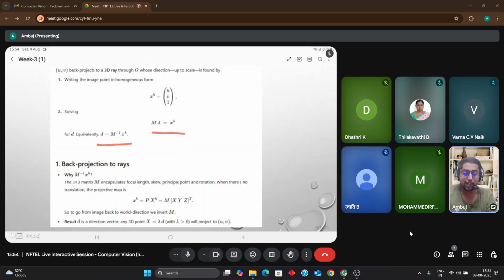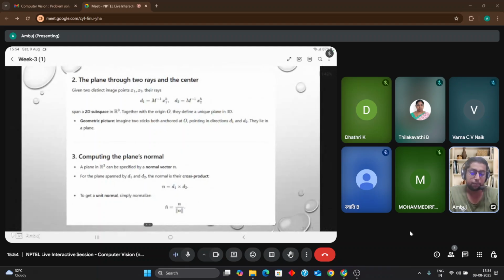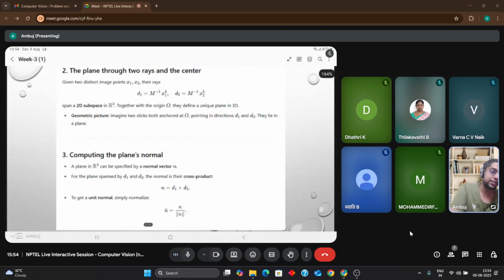And the result is D, which is a direction vector, which in 3D would be capital X equal to lambda D. It will project back to u, v. Now try to see here the plane through two rays and the center. Two distinct image points x1, x2 have been given to you. Their rays are d1 as M inverse x1, and d2 as M inverse x2.